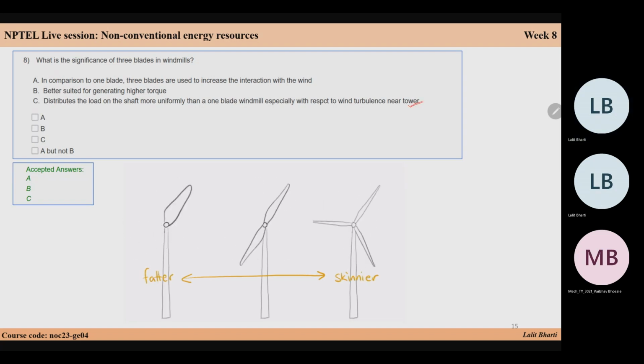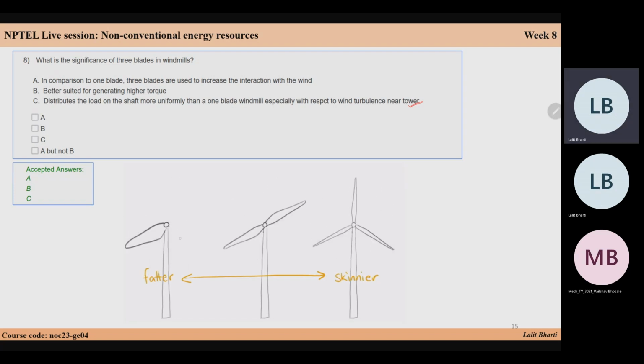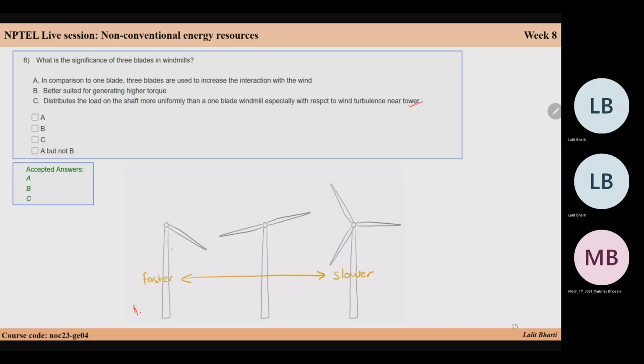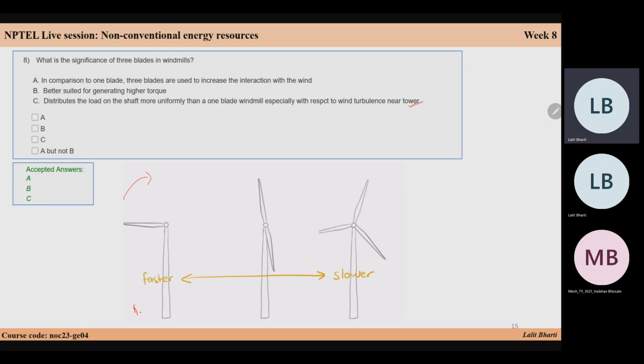So option C is clearly understandable. If you have only one blade, if you see in this image, this first turbine, it will generate an immense amount of torque wherever the blade is moving.